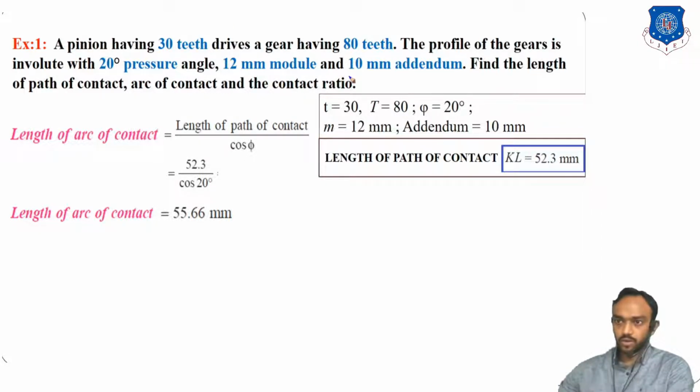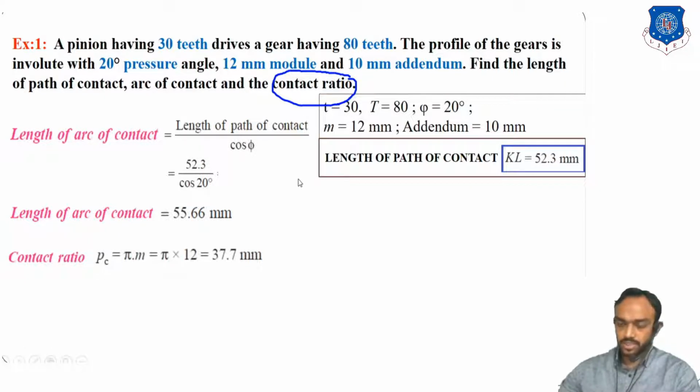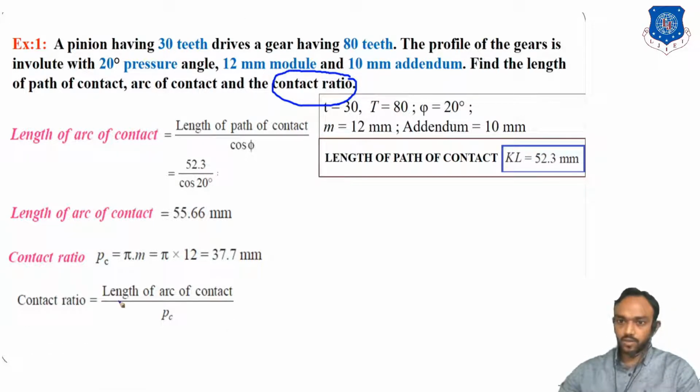Now we are going to find the last point, contact ratio. You know the equation. Contact ratio is equal to length of arc of contact divided by Pc. Pc is the circular pitch. Pc is equal to pi into m. M is already given in our data, m is 12 mm.